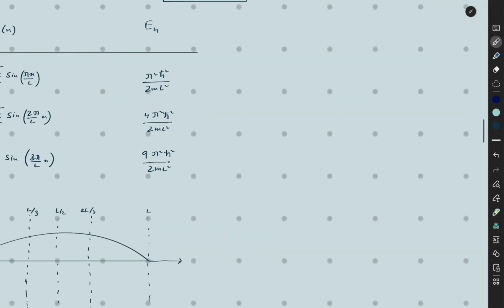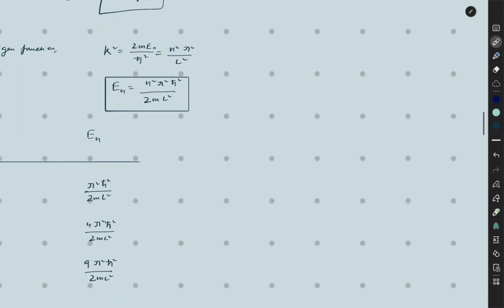Now if we deep dive into this eigenvalue, that is energy, inside the potential well the potential energy is 0, therefore this represents the kinetic energy. And we are finding one more reason why n cannot be equal to 0.